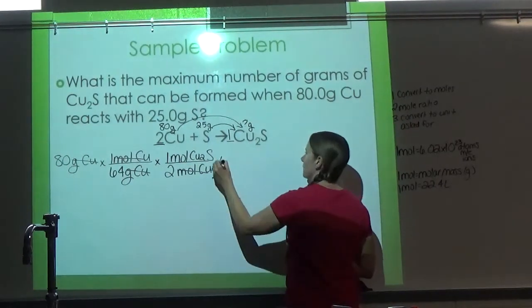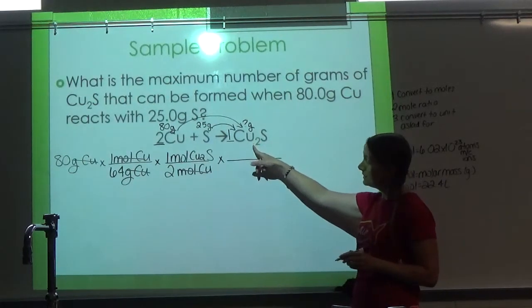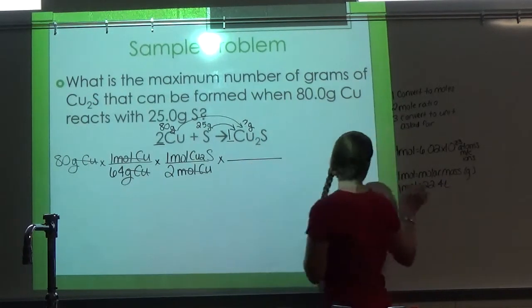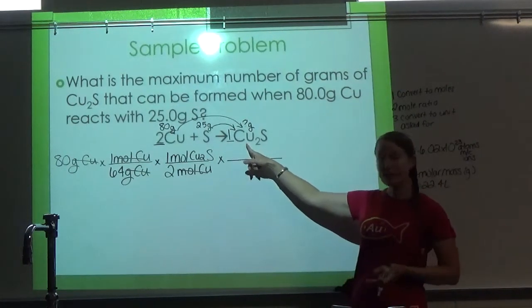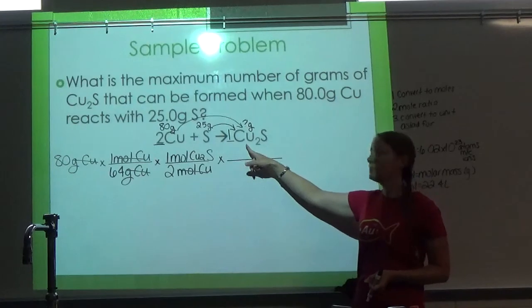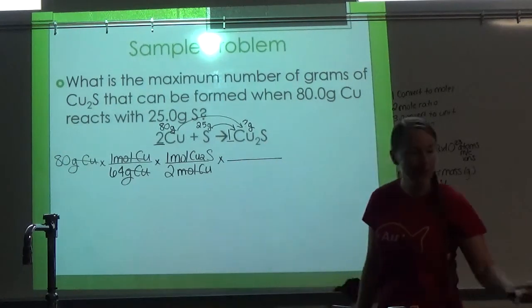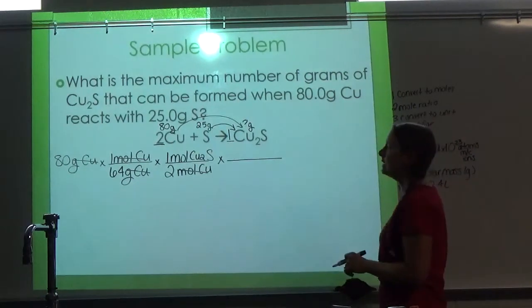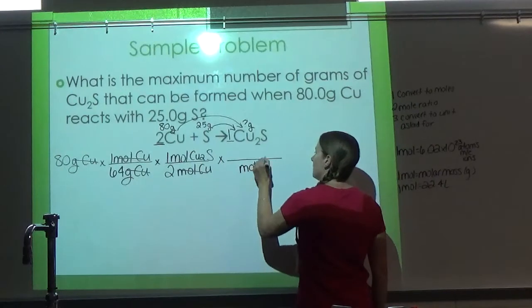Convert to unit asked for. So it asks for grams of my product, Cu2S. So I have to use molar mass again, but this time I'm going to use molar mass for Cu2S. So I have to add it up off the periodic table. So Cu is 64 times 2, and S is 32. And when I add that up, I get 160 grams. So I follow my golden rule, and I put the mole on bottom.